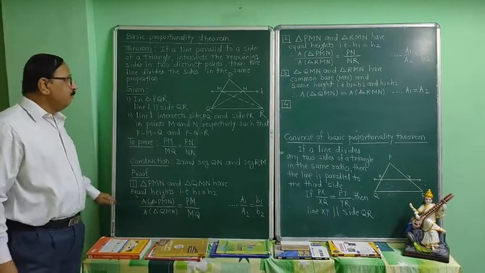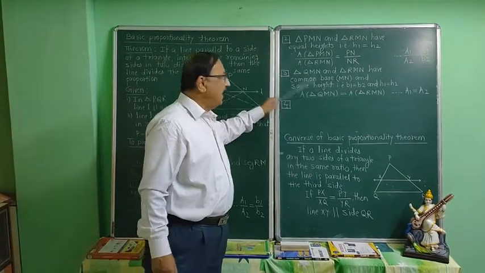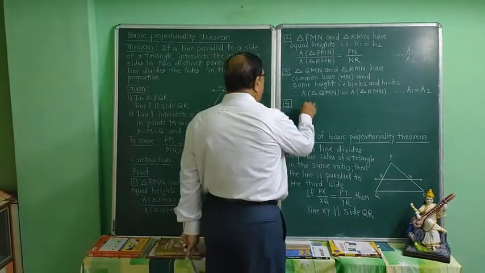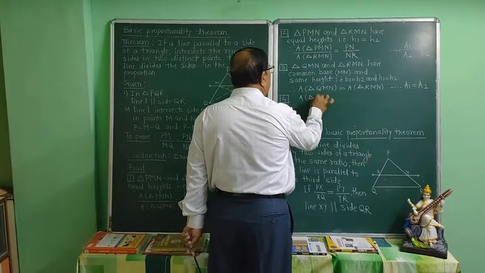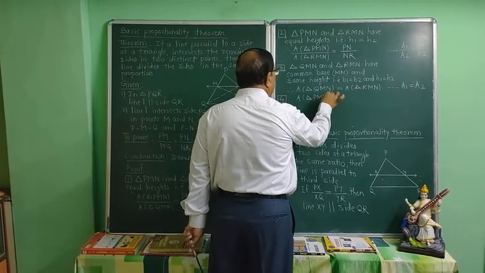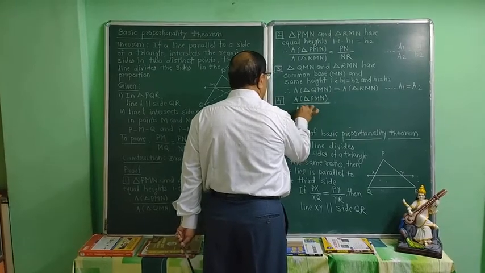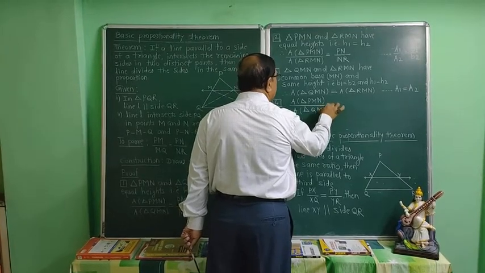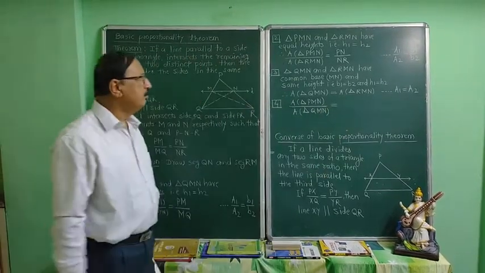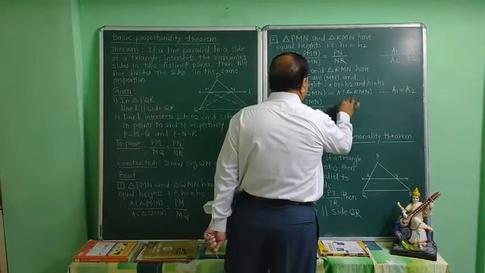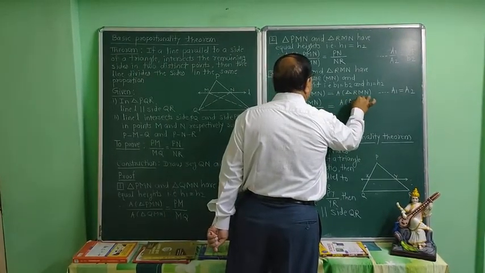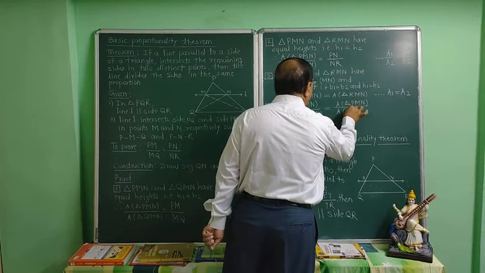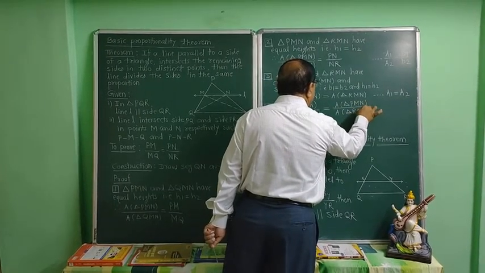Now from statements 1, 2 and 3, we can write that area of triangle PMN upon area of triangle QMN is equal to area of triangle PMN upon area of triangle RMN.